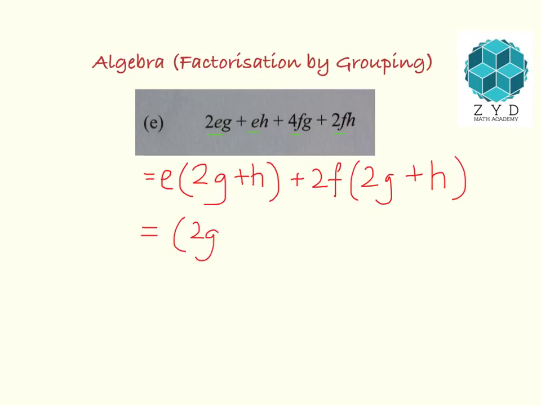We take the 2G plus H, and then another bracket will be E plus 2F. Basically, this 2G plus H comes from this, and the E plus 2F is just a combination of the E over here and the plus 2F over here. Okay, so this is factorization by grouping.